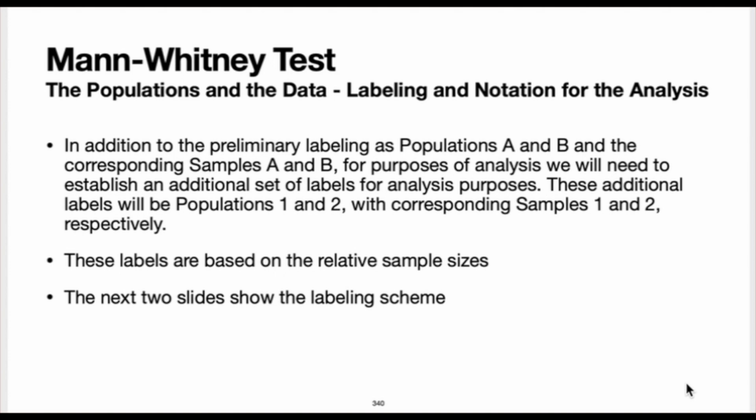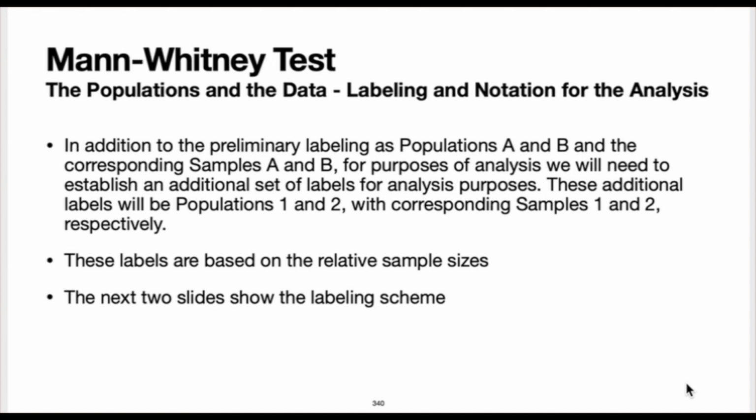Now, in order to facilitate the analysis, we're going to need another set of labels that we use in the analysis itself. So in addition to the preliminary labeling as populations A and B, with the corresponding samples A and B, we will need to establish an additional set of labels for analysis purposes. These additional labels will be populations 1 and 2 with corresponding samples 1 and 2 respectively.